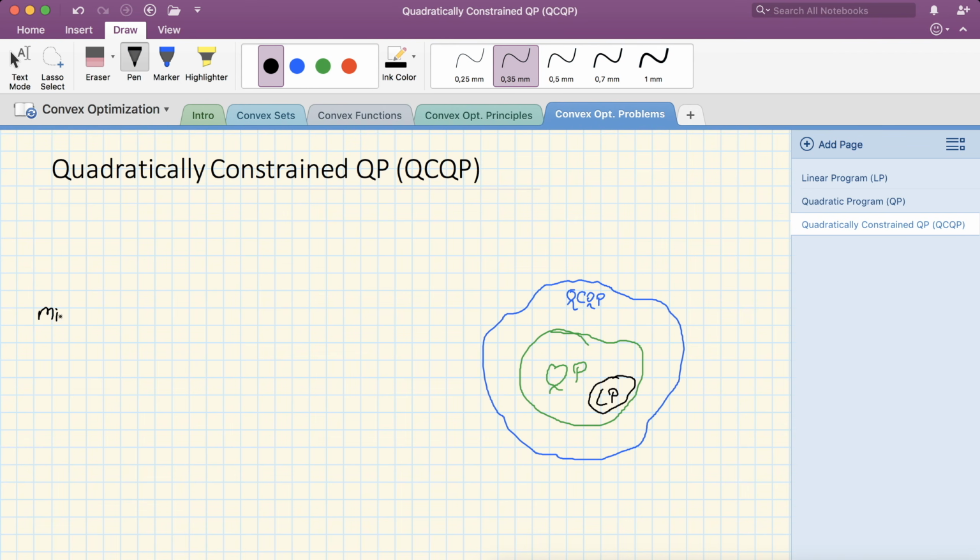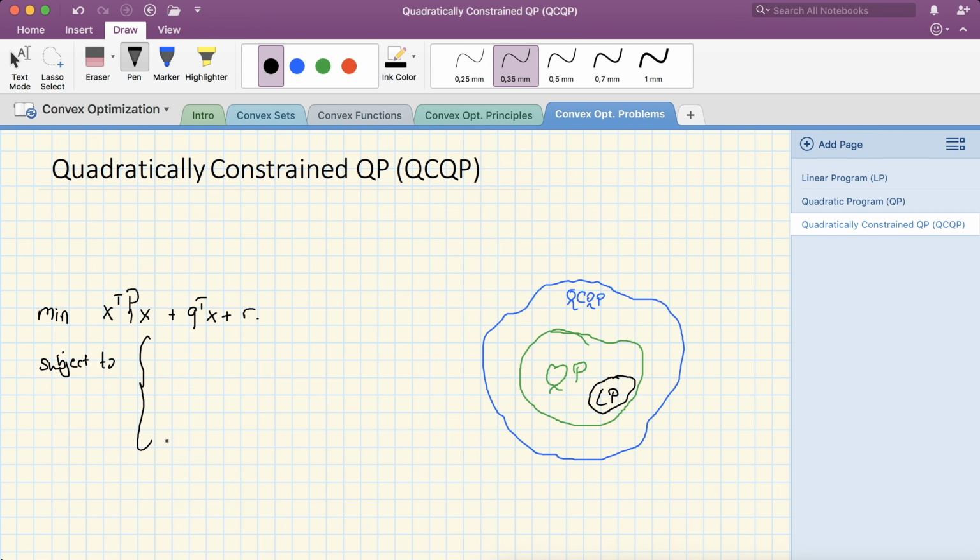Since it's a QP, we're going to minimize a quadratic function of the form: we've got a quadratic cost function, x transpose Px plus q transpose x plus a constant r, right? Now, your constraints are what's going to make a difference. Subject to what?